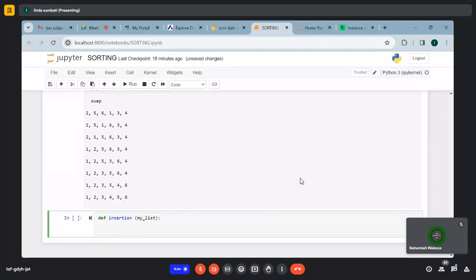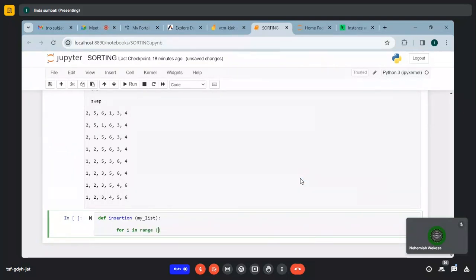What was the first thing that was happening, if you can remember? 2 is assumed to be in the right position. Yes, and then after it is assumed, what happens with the insertion algorithm? It iterates through. Yes, it goes as it compares, right? So we have for i in range.